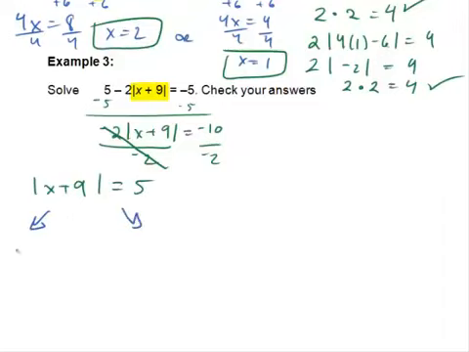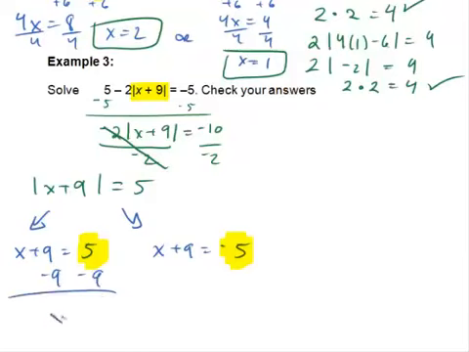Split it into your two ways. So x plus 9 equals positive 5. x plus 9 equals negative 5. Again, two values. Subtract 9. So x equals negative 4, or subtract 9 again. x equals negative 14.